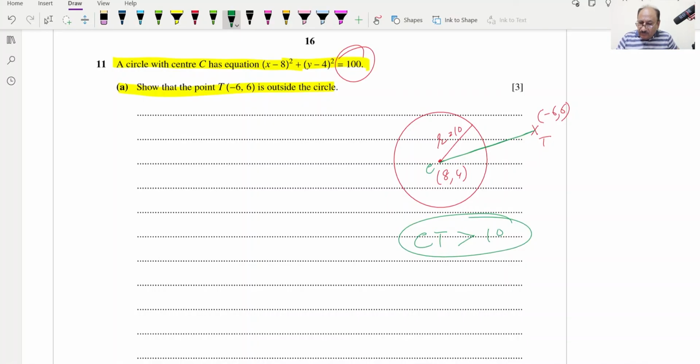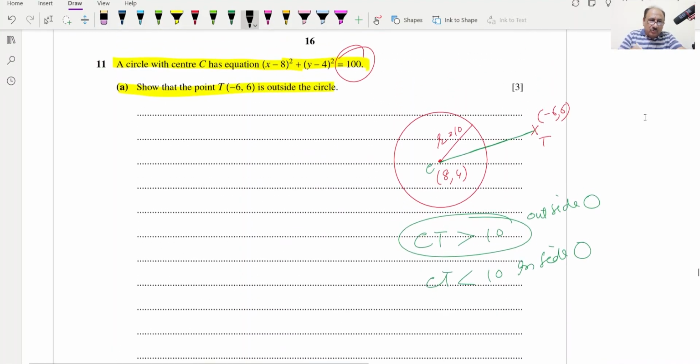If CT is less than 10, then it will be inside the circle. So this is what we will be checking over here.